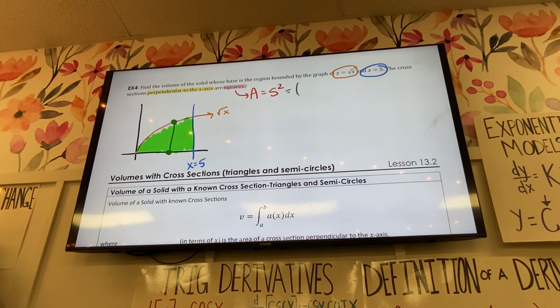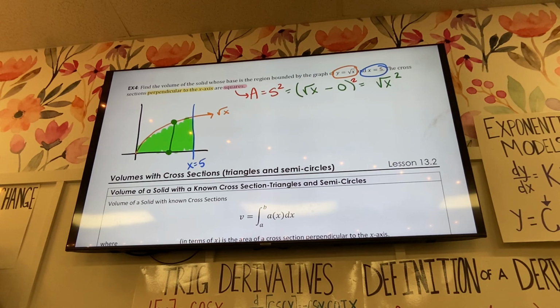So for my area equation, what is the top going to be? Square root of x. What's the bottom going to be? 0. Do you really need the 0? No. So this is just the square root of x, squared. So anytime you hit the axis, whether it be x or y, that's 0. Does that make sense? Okay.